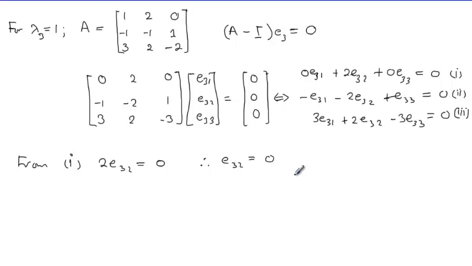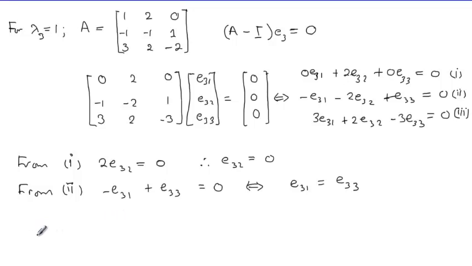Now, if E32 is equal to 0, from equation 2, we have minus E31 plus E33 equals to 0, which is equivalent to saying E31 is equal to E33.